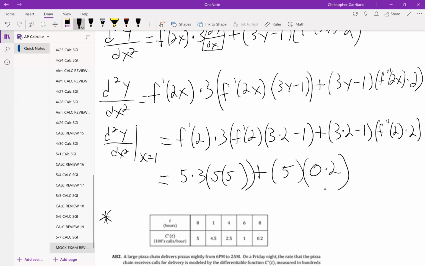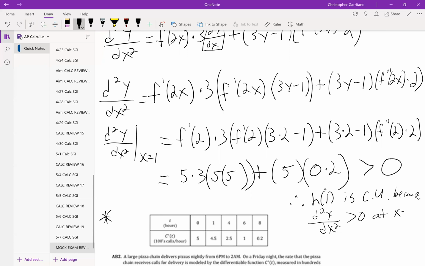All right, but really the big payoff here is that you can see that this is definitely a positive number, and therefore we can say that h of 1 is concave up because d squared y over dx squared is positive at x equals 1. All right, there we have it.